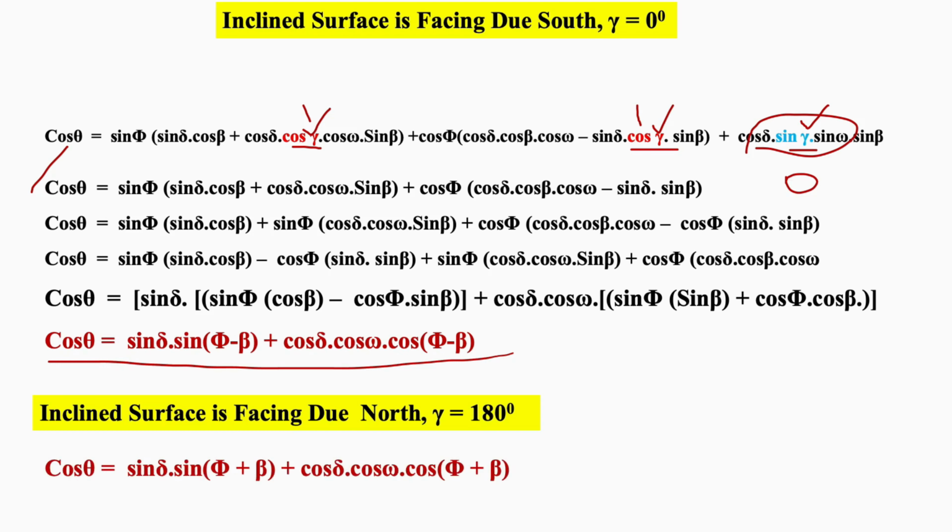In that case this equation reduces to cos theta equals sin delta sin of phi plus beta plus cos delta cos gamma cos of phi plus beta. So the two expressions for cos theta, the surface facing due south having phi minus beta, and the surface facing due north having phi plus beta. The rest of the equation is the same.